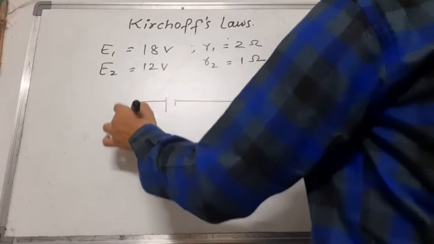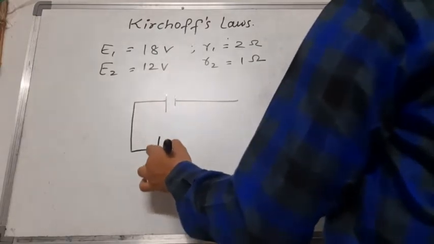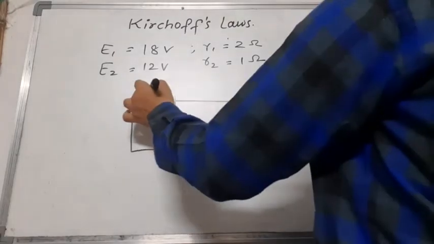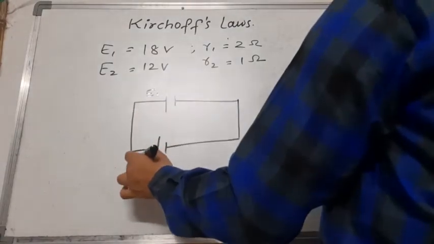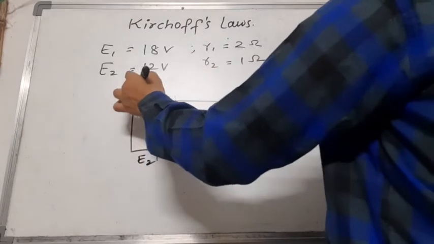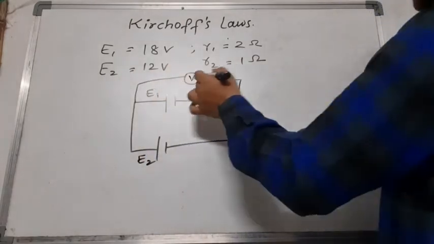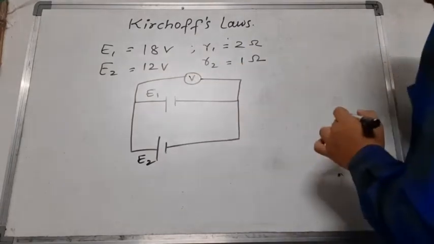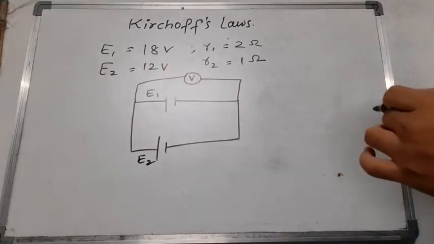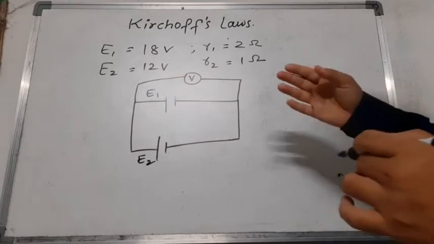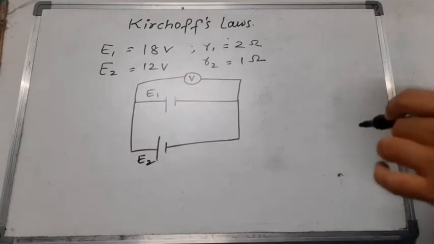This is one, and this is two. This is E1, this is E2, and he is asking what is the reading in the voltmeter when the voltmeter is placed across E1.